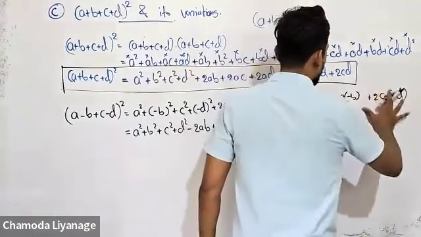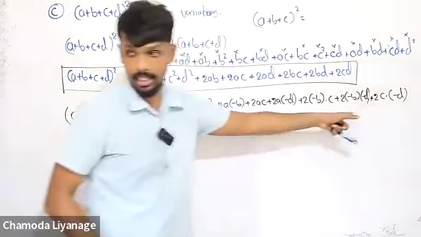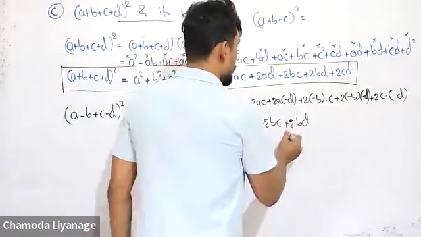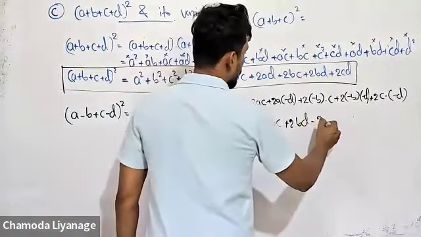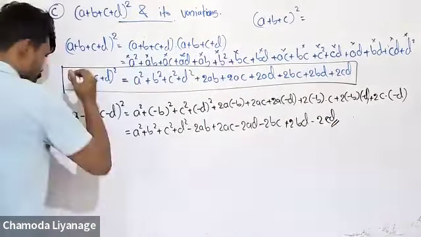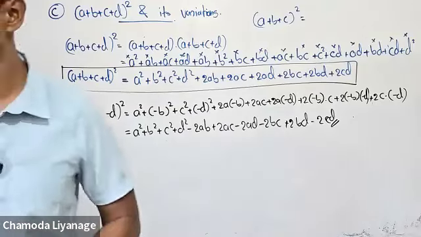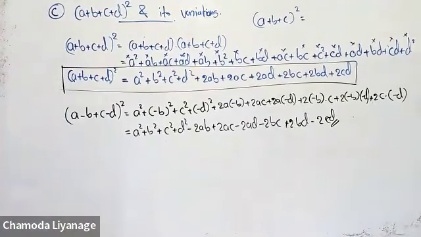Minus b into minus d, right? This one is wrong, because minus b into minus d, so it should be plus. And finally minus 2cd. Okay, so write this one. After that, let's go to the tute and do the sums in the tute.